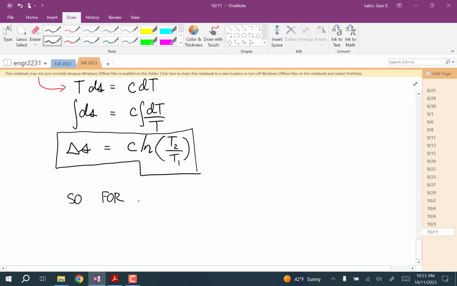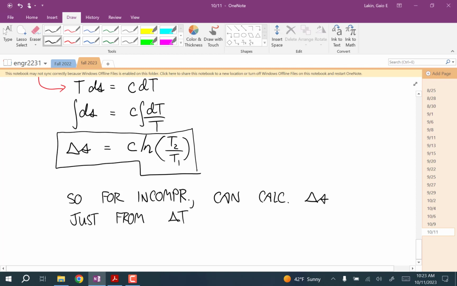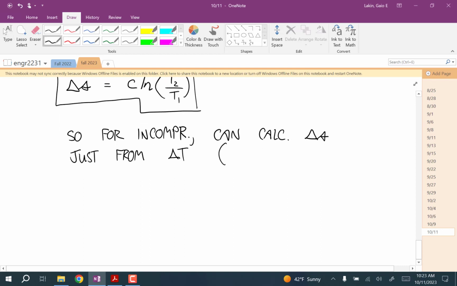So for incompressible materials, you can calculate the change in entropy just from the change in temperatures, as long as you know that specific heat.